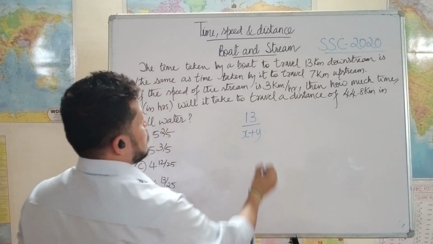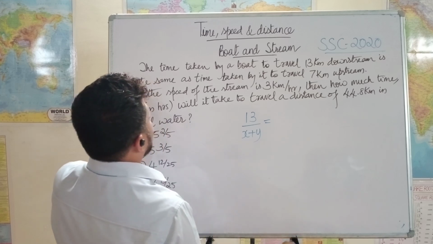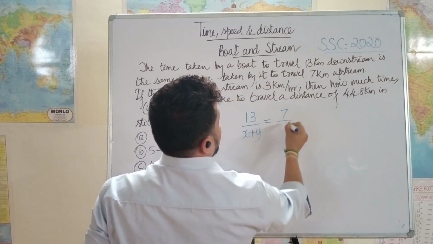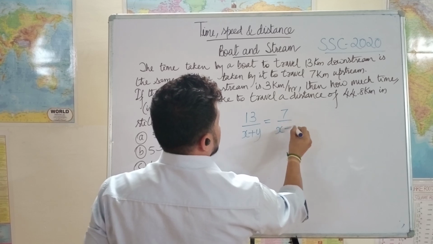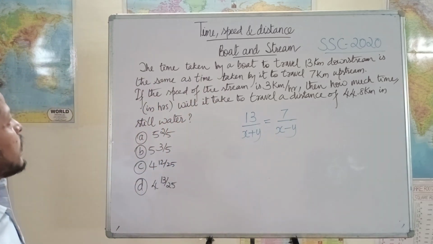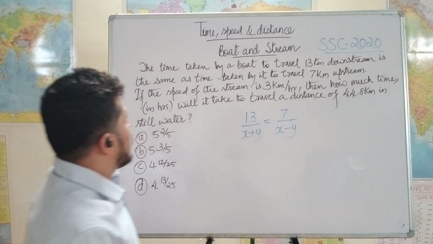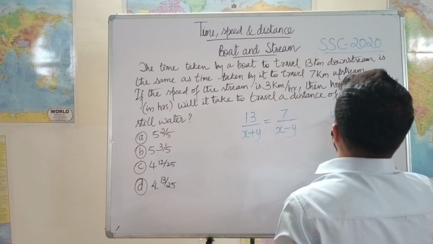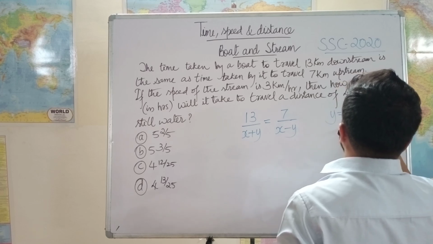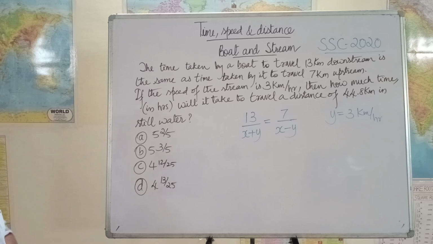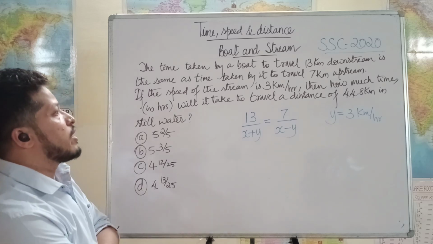This is equal to the time taken by it to travel 7 kilometers upstream. Upstream is x minus y. Now if the speed of the stream is 3 km per hour, that means y is equal to 3 km per hour. Then how much time in hours will it take to travel a distance of 44.8 kilometers?